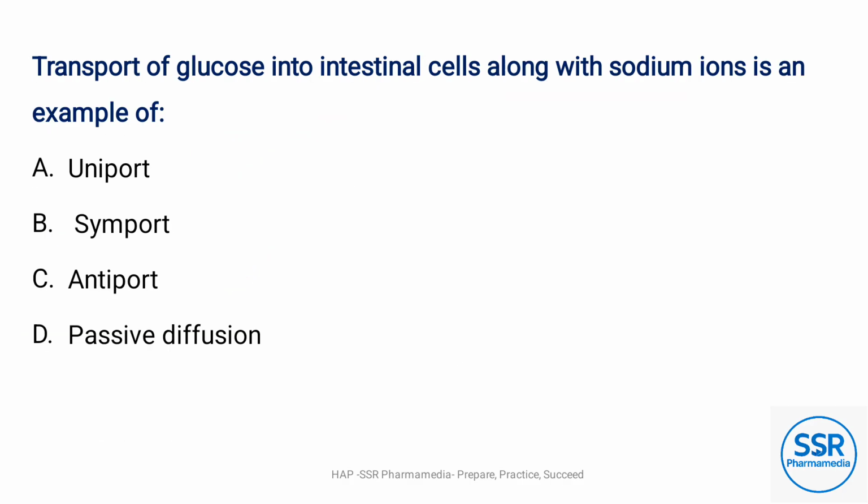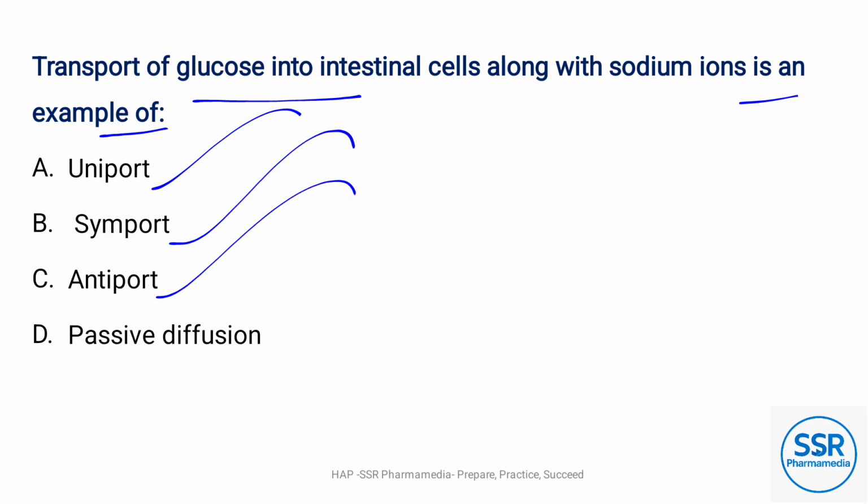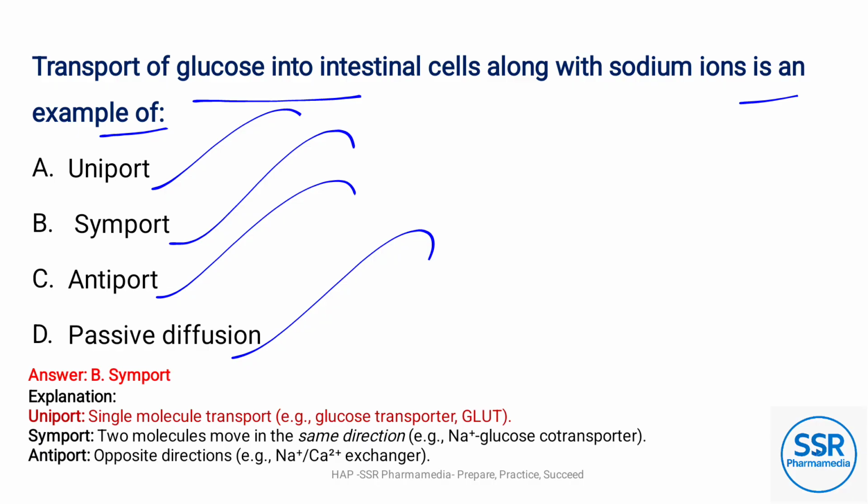Transport of glucose into intestinal cells along with sodium ion is an example of: option A, uniport; option B, symport; option C, antiport; option D, passive diffusion. So the answer is B, symport.